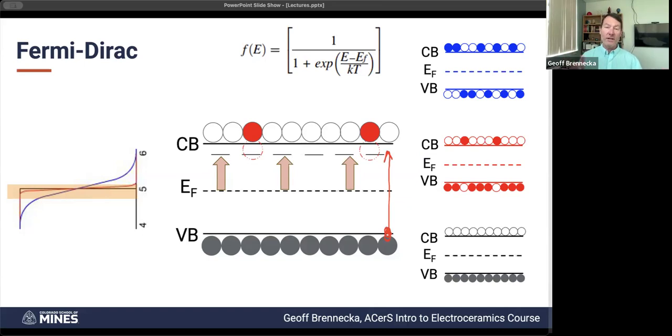Because if we want the conductivity to be the same or stable with temperature, then we want to be able to control that by doping rather than just by whether or not I walked outside on a cold day or went into a warm room. I don't want the conductivity of my device to change just by moving around. So that's a super simple overview of the way that semiconductor conductivity control works.